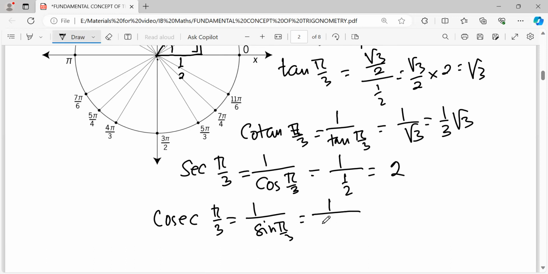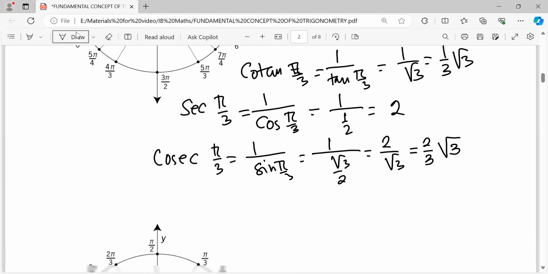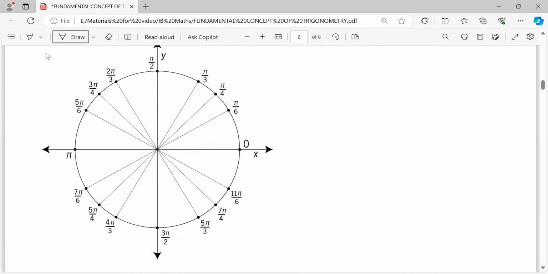1 over square root 3 over 2 equals 2 over square root 3 or 2/3 square root 3. That. Next. Okay, after that, pi over 2.